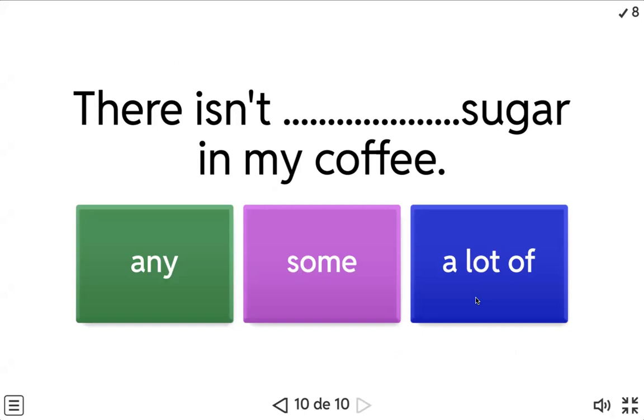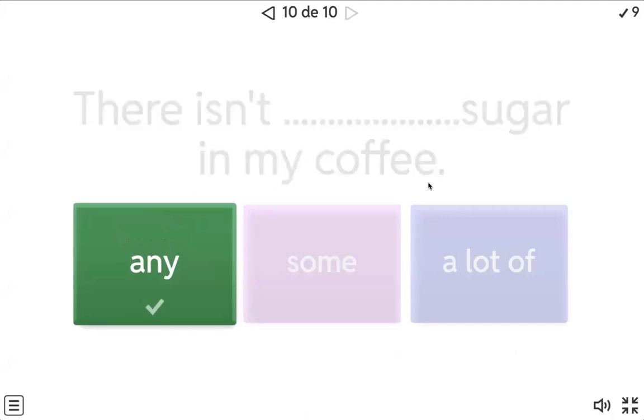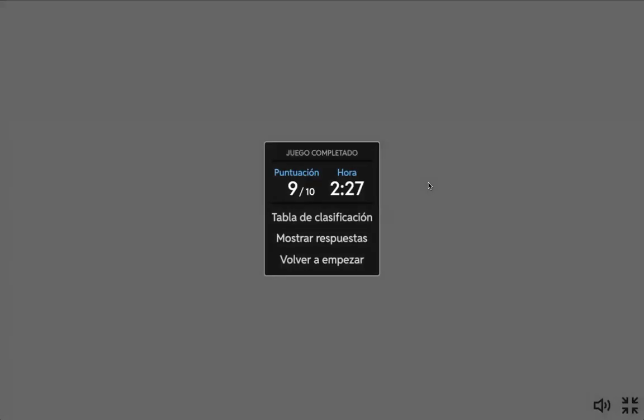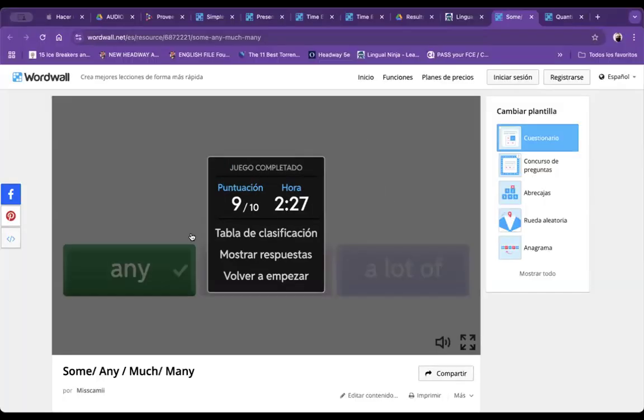There isn't any sugar in my coffee. Yay, almost. Almost 10. Sorry. Okay, no worries. Only one mistake, it's fine. One mistake is fine, but as long as it's not 3 mistakes or more.